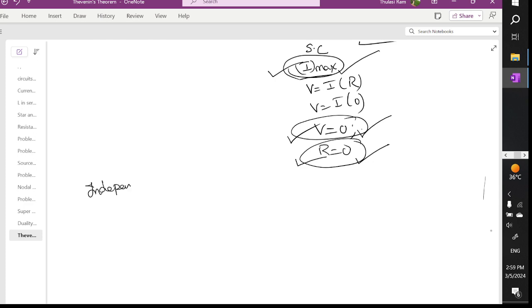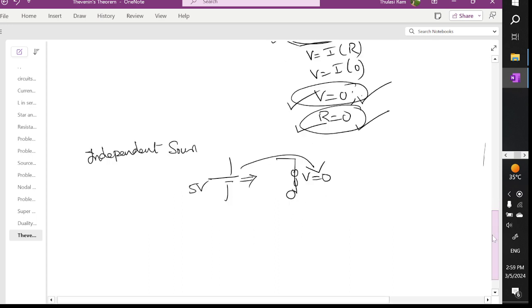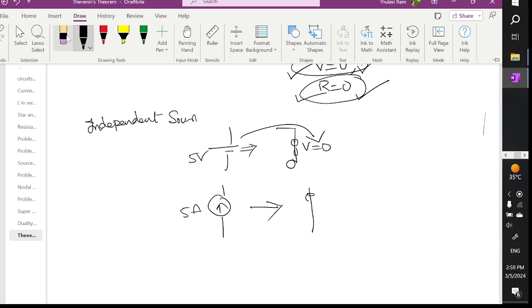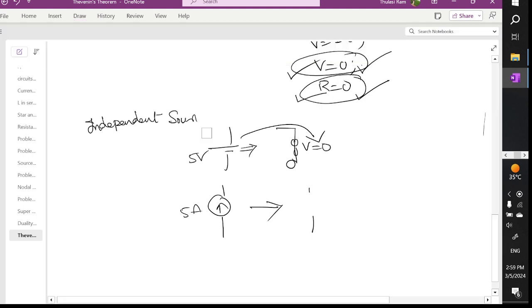When the given sources in the network are independent sources, the voltage source has to be replaced with its short circuit, and if you have a current source, it should be replaced with its internal resistance, which is an open circuit.